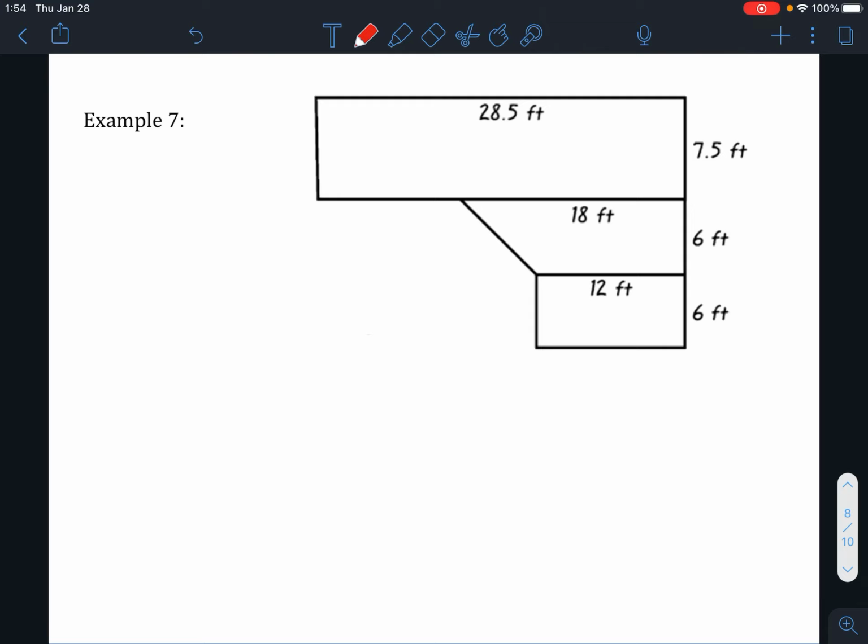Example 7, this is a pretty easy one to see. We're looking at two rectangles and a trapezoid. Okay, so for the top rectangle, it's just base times height, 28.5 times 7.5. This one is 213.75. The bottom rectangle is just 12 times 6, which is 72. So now we just got to figure out this trapezoid. The height is 6.